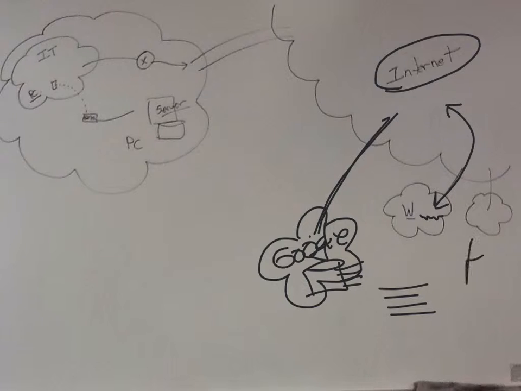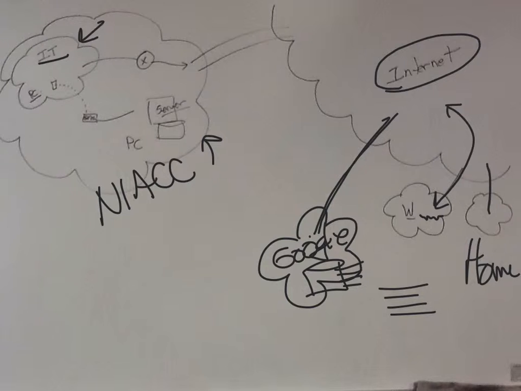Now we could be working from maybe home, or we could be here at the college. So here I drew the NIACC cloud, and inside the NIACC cloud I drew the IT cloud. So for example here, when we're in PC 229, we could be working on a computer here.